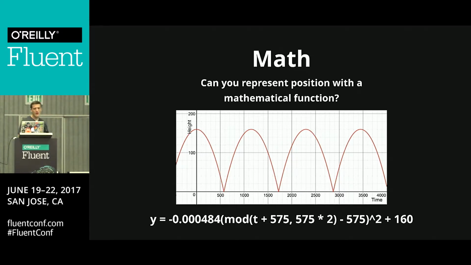And mathematical functions can be very convenient because they're very simple. It doesn't look simple, but this is basically one line of code that defines the heart of your whole animation. With a mathematical function, you put something in and you get something out. With this one line of code, you put in a timestamp and you get out a height.